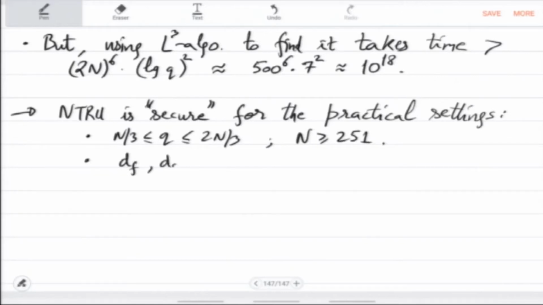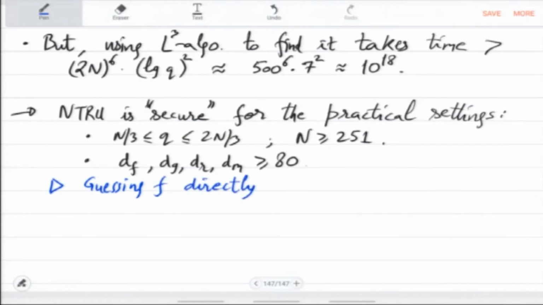These support bounds are taken to be at least 80. Note that if the adversary wants to guess f, it's very hard. Guessing f directly takes around 2 raised to, so how many plus minus 1s are there in f? There are 80 times 2 roughly, so 2 raised to 160, which is huge, completely infeasible.